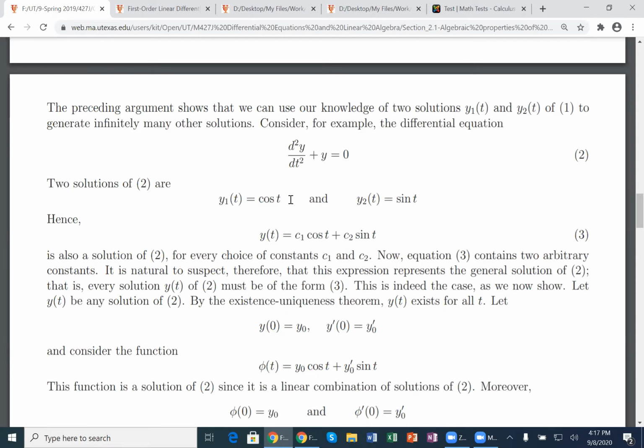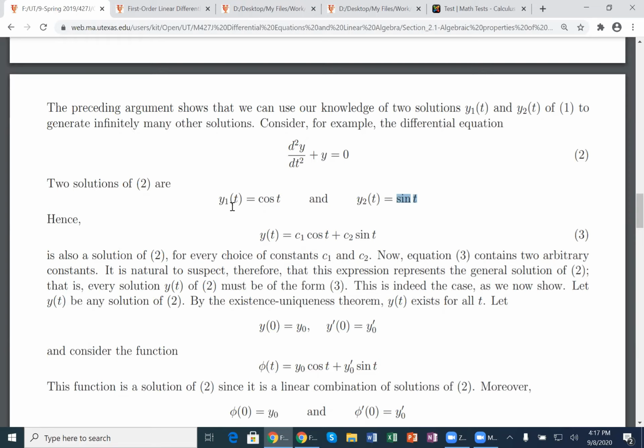So here's a very simple example of two particular solutions such that C1y1 plus C2y2 does not give us the general solution. Even simpler, if y1 is 0 and y2 is 0, then y of t is 0. It's not the general solution.